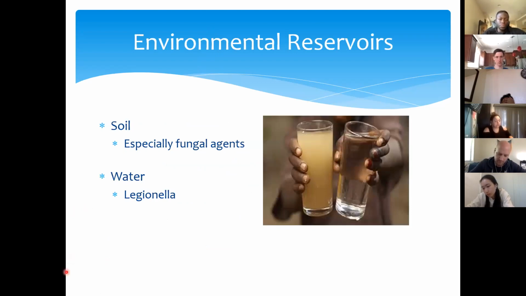We talked about animal reservoirs. Now environmental reservoirs: soil, especially fungal agents, and different soils across the country, across the world are going to harbor different agents that are able to be transferred. Mushrooms are a big one. And it's not necessarily the mushroom or the fungus itself, it's going to be those spores. Water, so Legionella is a big one in water.